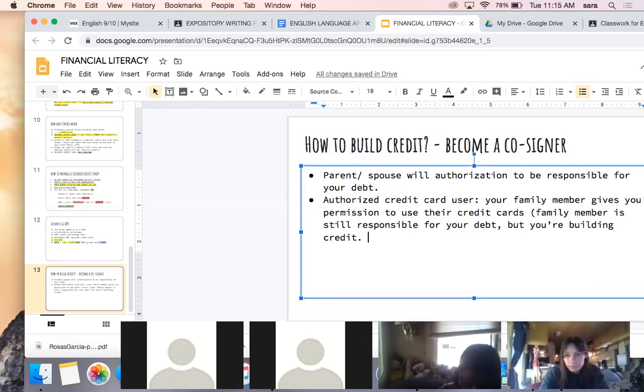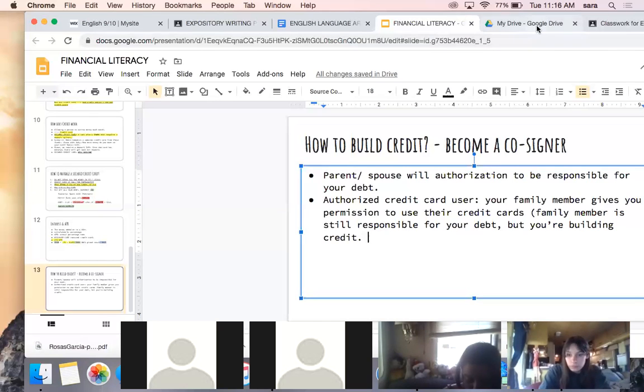But it's also a double-edged sword. Why? It's family. And if you mess up, you're messing them up as well. And I know it's blunt, but you need to be careful. If this is the route that you're going to go in establishing credit, you need to be very, very, very careful in what you're doing, okay?